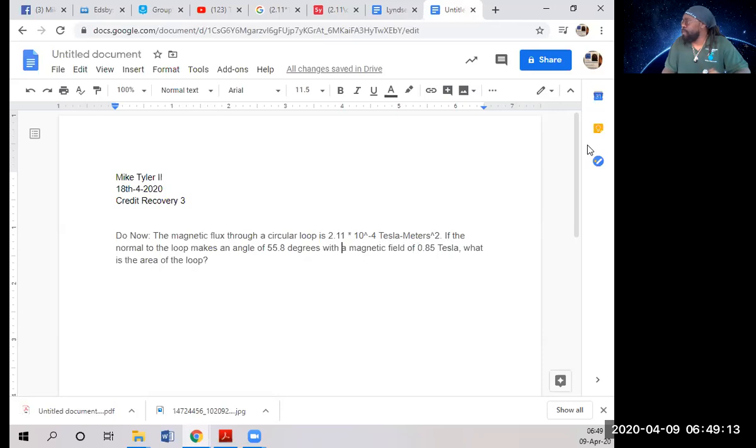If the normal makes a loop in the angle of 55.8, I'm going to change that to 59.2, and that's degrees. All right, that's the little circle above the number. And instead of 85 Teslas, I'm going to say 47 Teslas. All right. So now the question is changed.